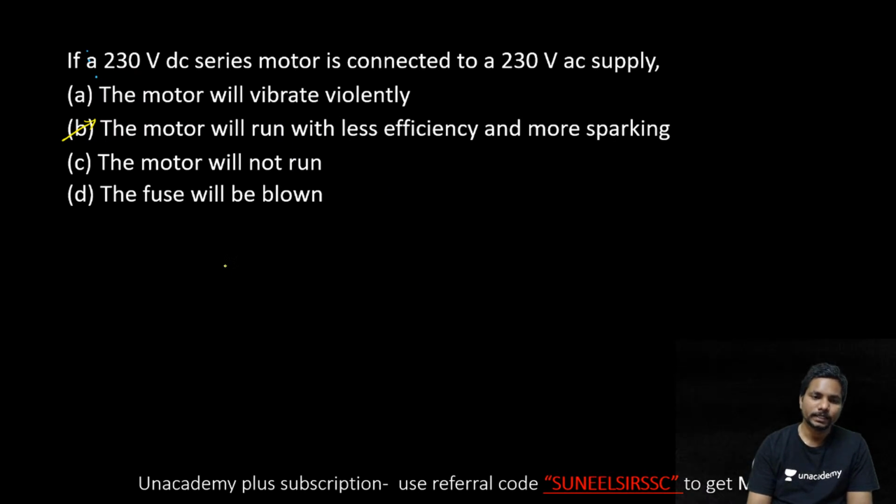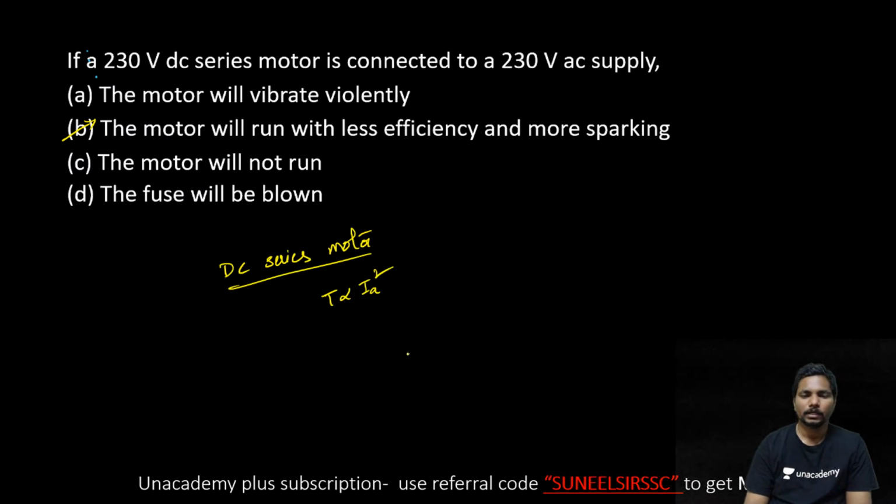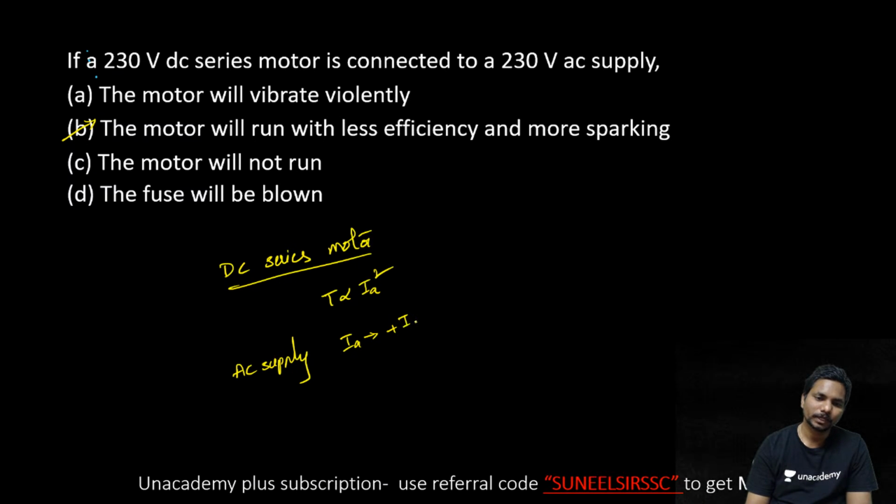Here for this DC series motor, what is the torque? The torque is proportional to Ia square. Here we have a square relationship. If you give AC supply, current becomes half of the cycle positive Ia, half of the cycle negative Ia also.